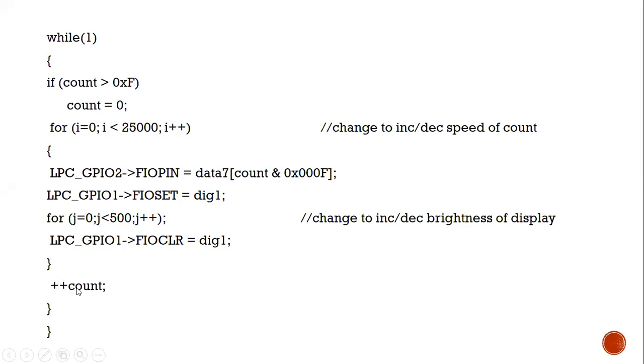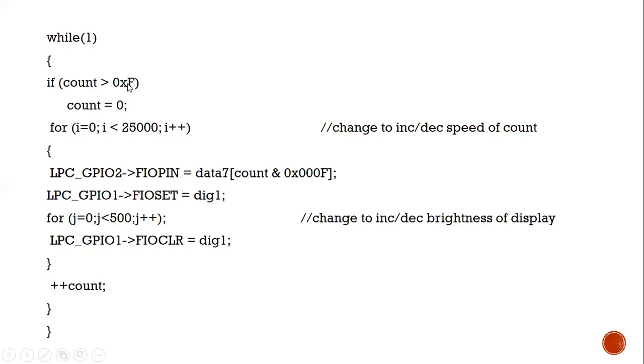Yes, next step, i plus count. Once the first condition happens, the count increases by one. If the count becomes one, it comes to the if condition again: count equals one, is it greater than F?